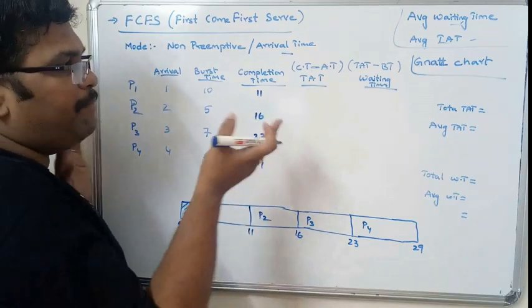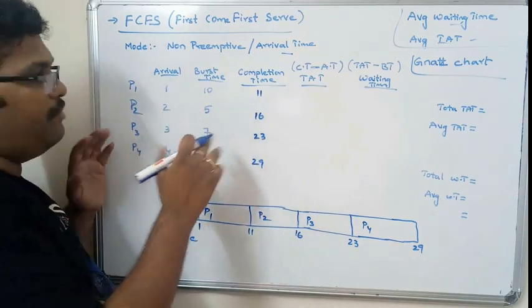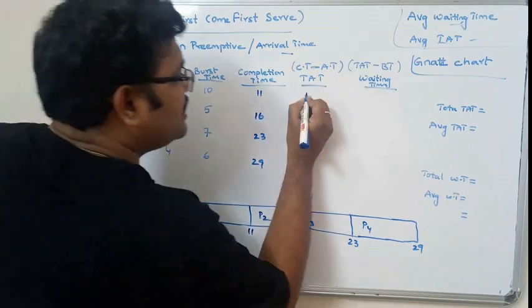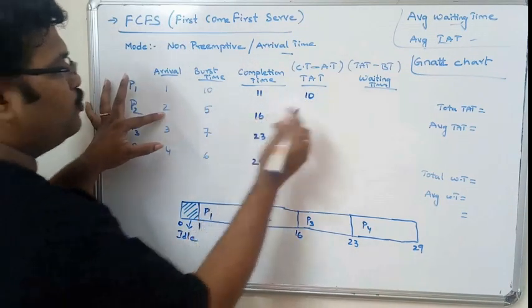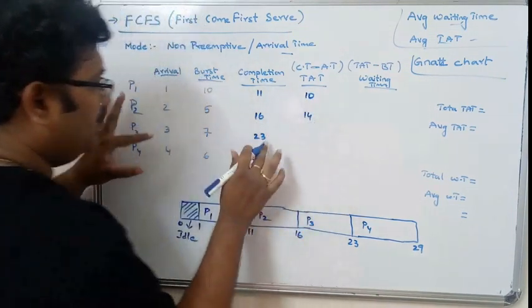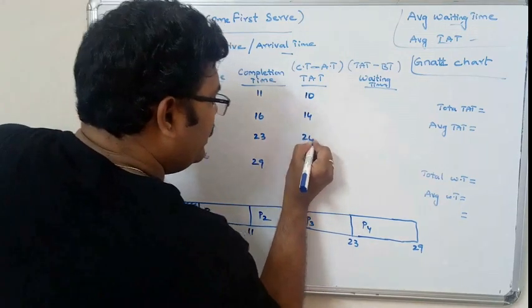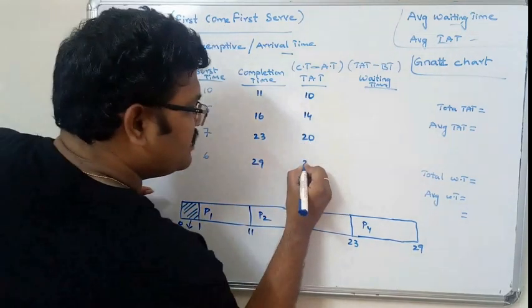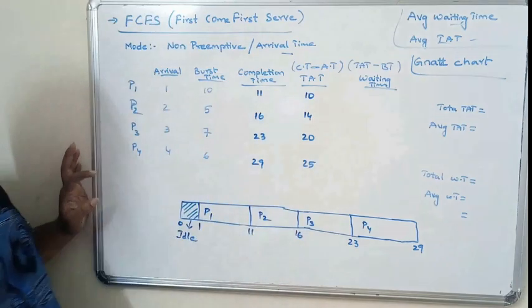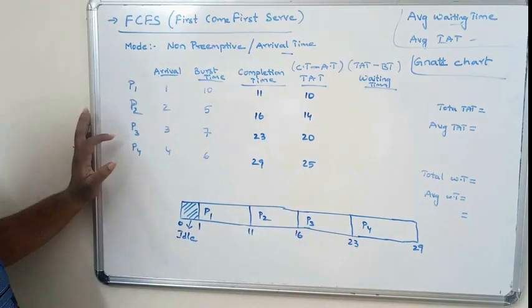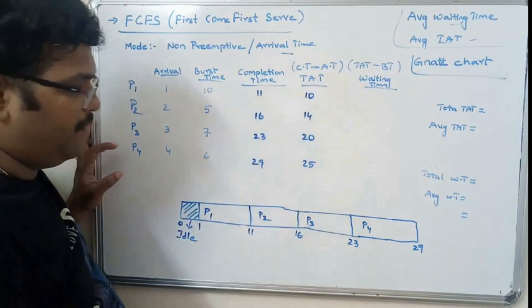Next, turnaround time, the completion time minus arrival time. So 11 minus 1 is 10, 16 minus 2 it's 14, 23 minus 3 is 20, 29 minus 4 it's 25. So this is the turnaround time.